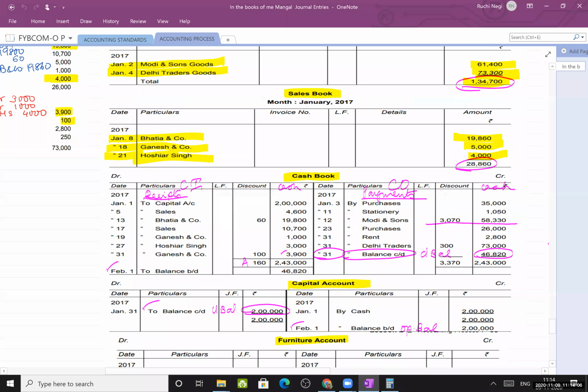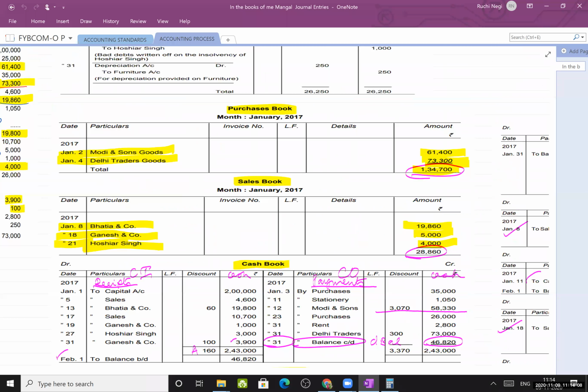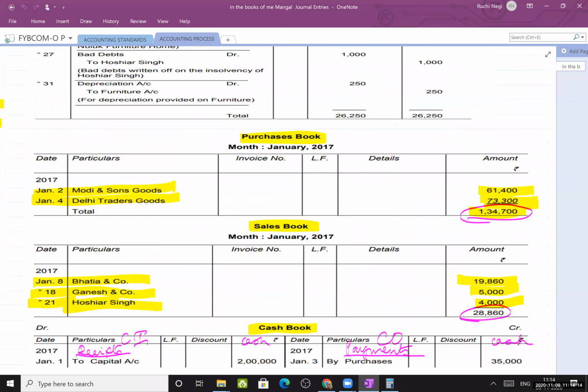Important is the subsidiary books. Purchase return books you don't have to prepare because it's not given in the question. To start with, the purchase book.